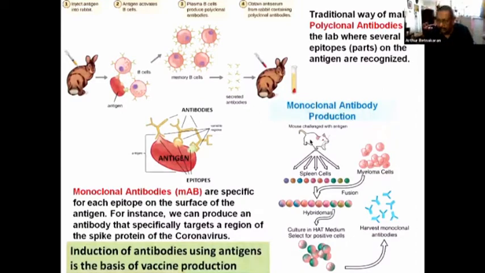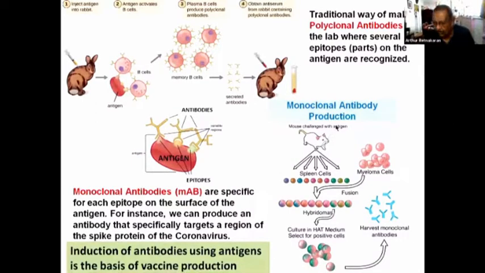So you separate everything, put them in separate culture media, and let them all multiply. Each one in a little microwell will produce antibody against that particular epitope. So we can characterize that, identify which epitope it recognizes, and we have a monoclonal for each type of epitope.